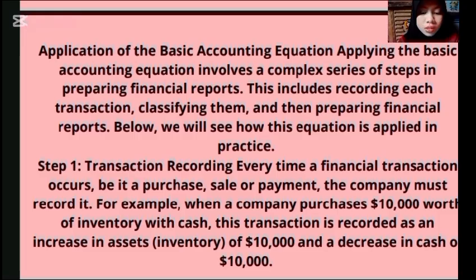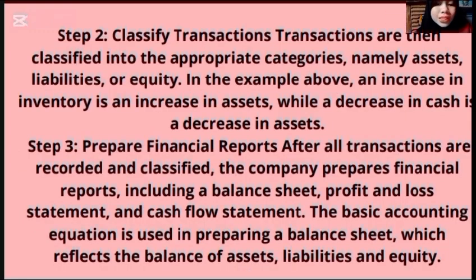Step 1. Transaction recording. Every time a financial transaction occurs, be it a purchase, sale, or payment, the company must record it. For example, when a company purchases $10 worth of inventory with cash, this transaction is recorded in cash under assets. Step 2.